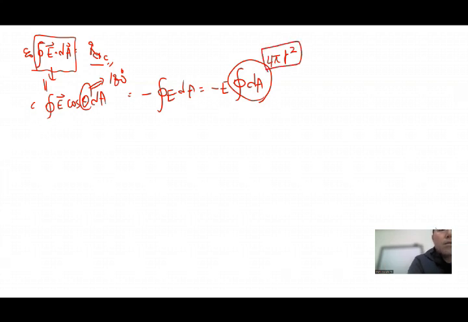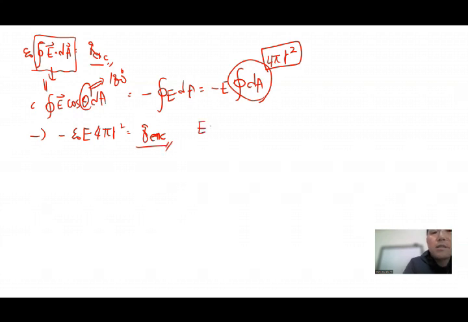So the net charge inside the Gaussian sphere is minus epsilon naught E 4 pi r squared.